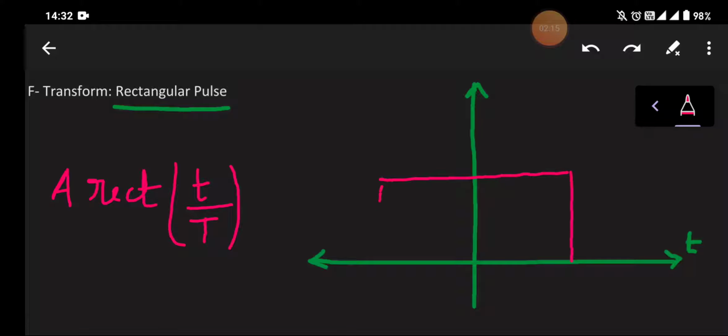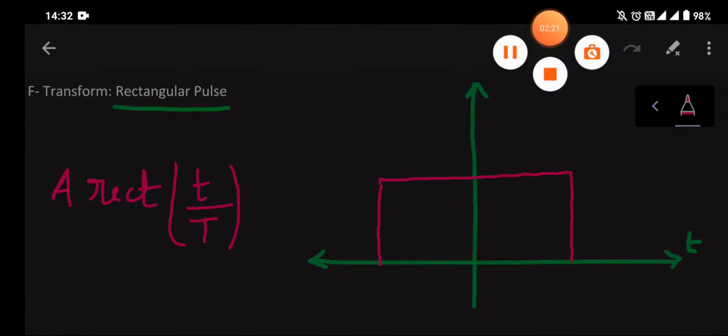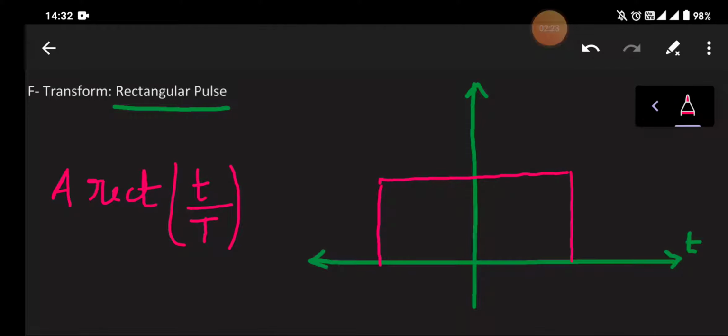Okay, so the rectangular pulse that you are seeing on your screen is a finite duration signal, and capital T represents the time period.